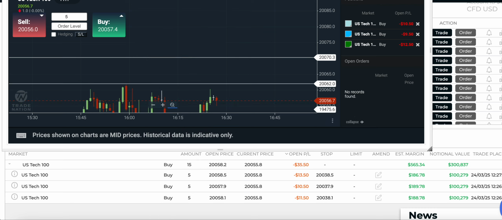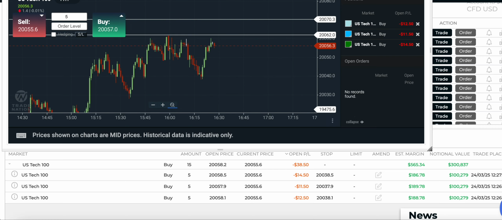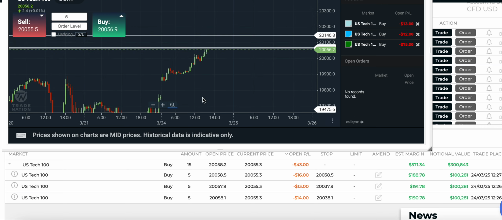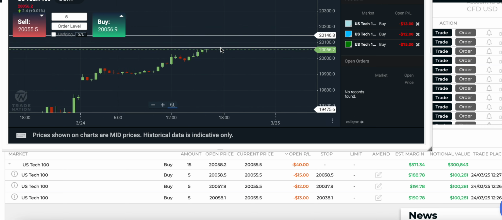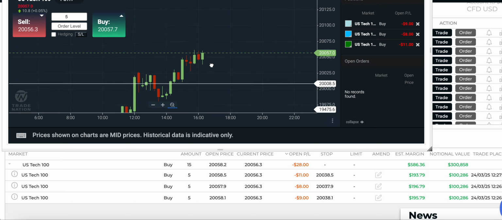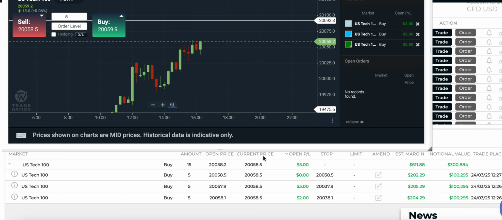Yes, it's currently trying to grab liquidity. But the direction is already established. It's upwards. You see? So the next candle will make a big jump to the upside. So I only put a stop loss without an actual limit order.